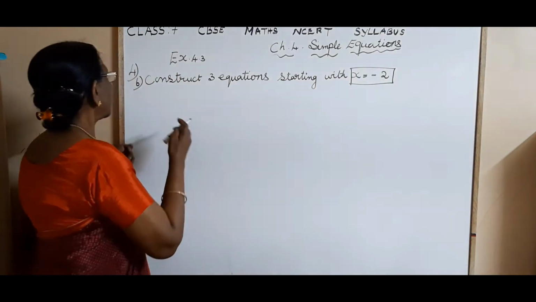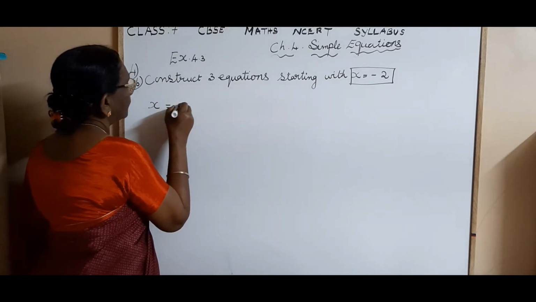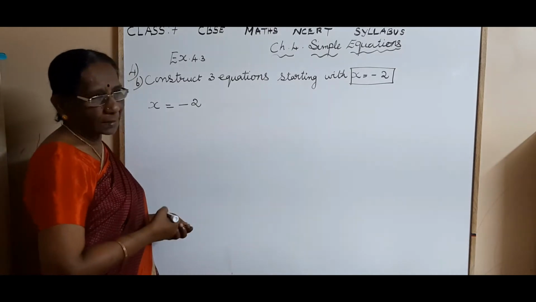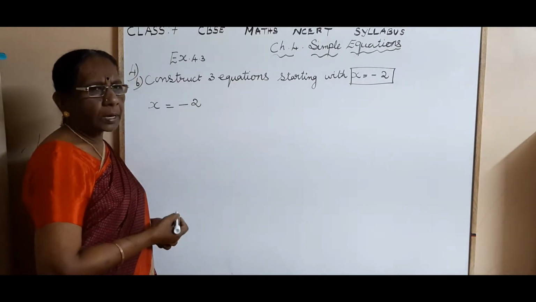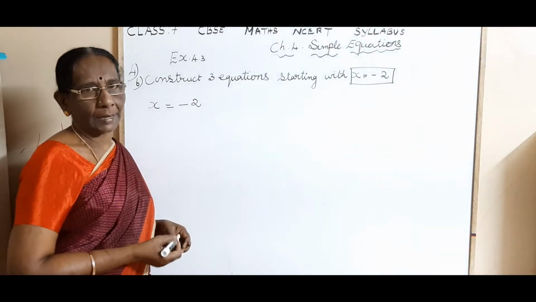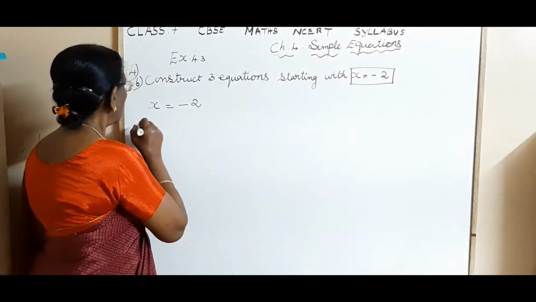So, first you write the solution. x is equal to minus 2. Okay, now next step. You can apply any operation, addition or subtraction or multiplication. Okay, let us start with multiplication.